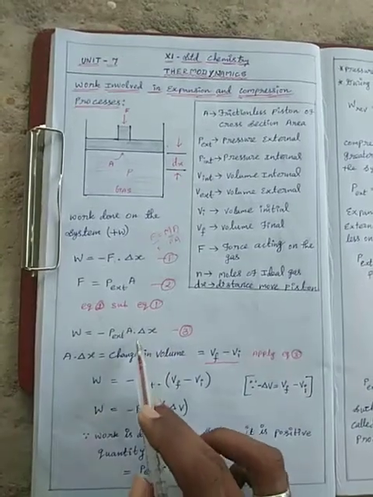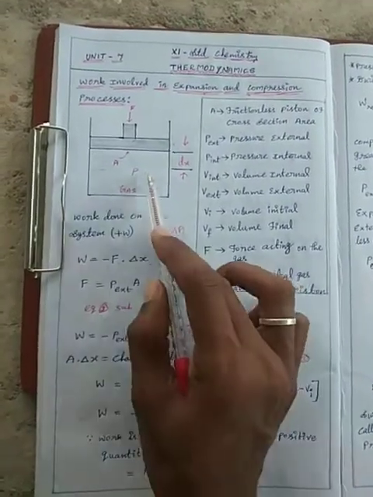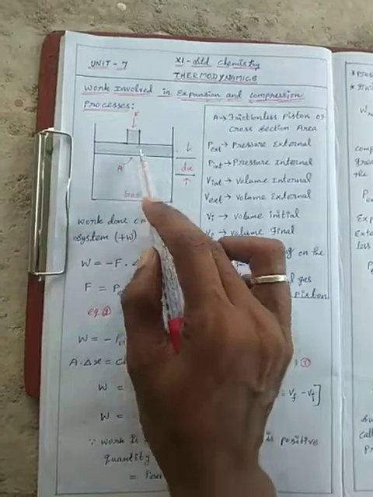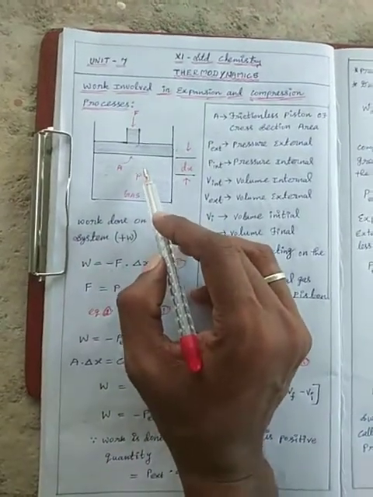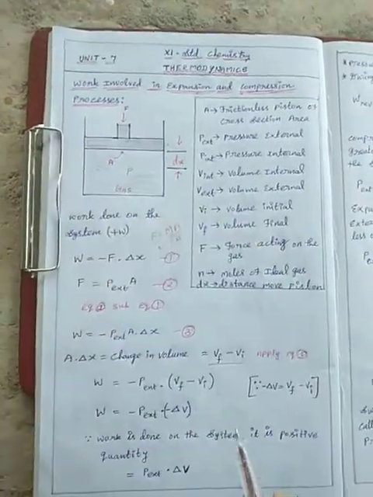The variation delta x, times the area, is the change in volume from the initial state to the final state.